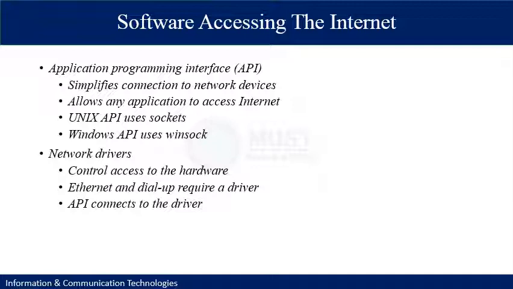You can also use software to access networks by writing network drivers. These softwares control the access to the network. For example, Ethernet and dial-up require drivers, and again an API connects to the drivers to control the network.